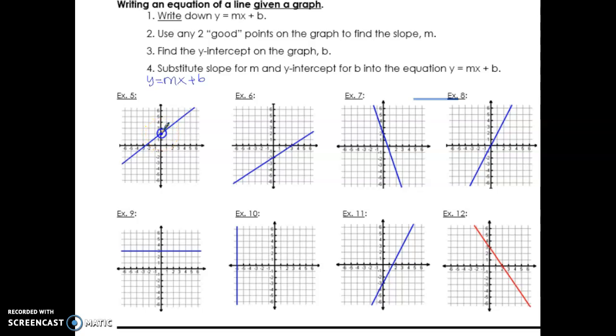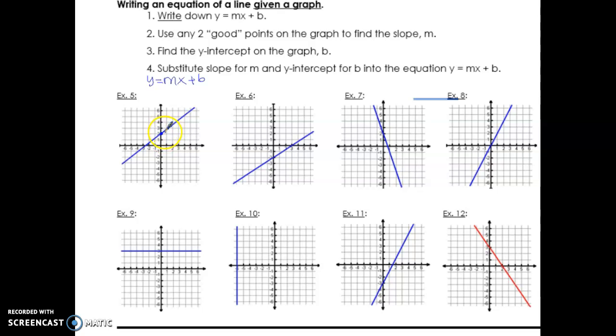This point right here is a good point because you can tell exactly where it lands. This point is on 0, comma, positive 2, right? If you were to pick this point right here, it doesn't really have an exact value. We're not sure, it might be 1.75 and maybe 3.2. So that's why that's not a good point.